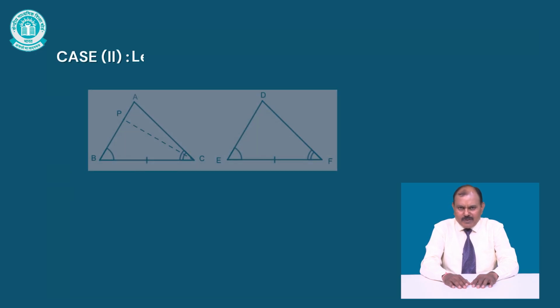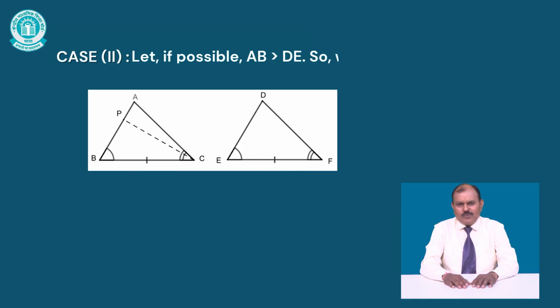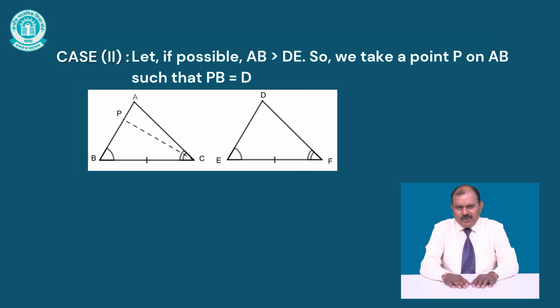Case second, if possible, let us assume that AB is greater than DE. So, we take a point P on AB such that PB equals DE.